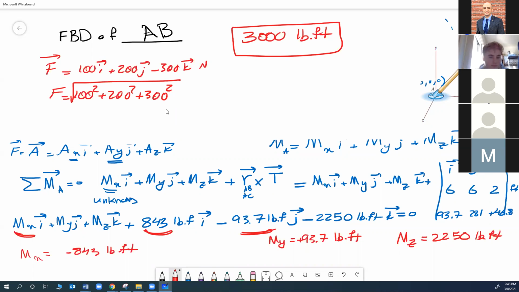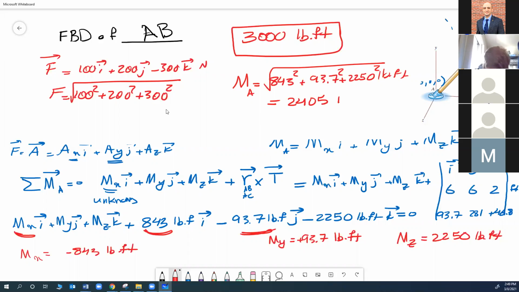The magnitude. So same thing, you cannot compare it with individual components, but you have to find the magnitude of your moment, which is going to be 843, 93.7, 2250 pound-foot. It's going to be 2405 pound-foot.